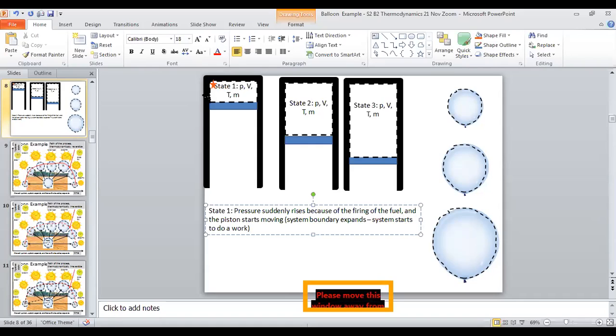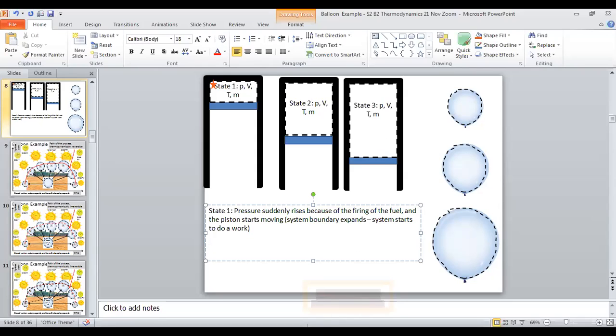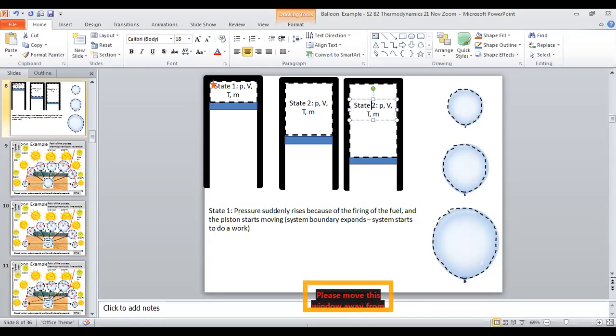You can see initially the boundary size, here now the boundaries increase, expanding. This is again further expanding. So state 1, state 2, state 3. So let's say instead of 3, I will take state 2 here.